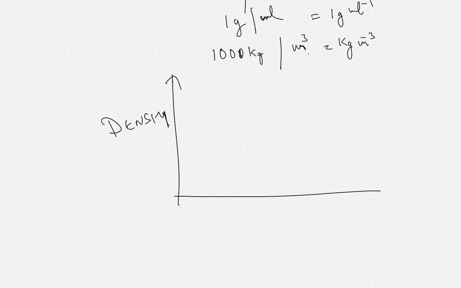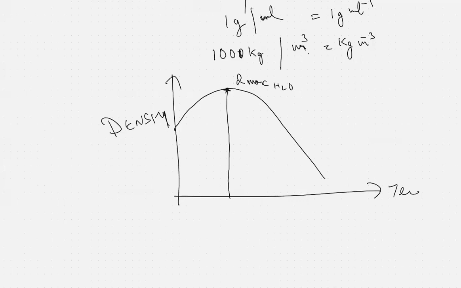So the maximum value comes normally here, the maximum density of water. Density max for water is at 4 degrees centigrade. That is the anomaly.